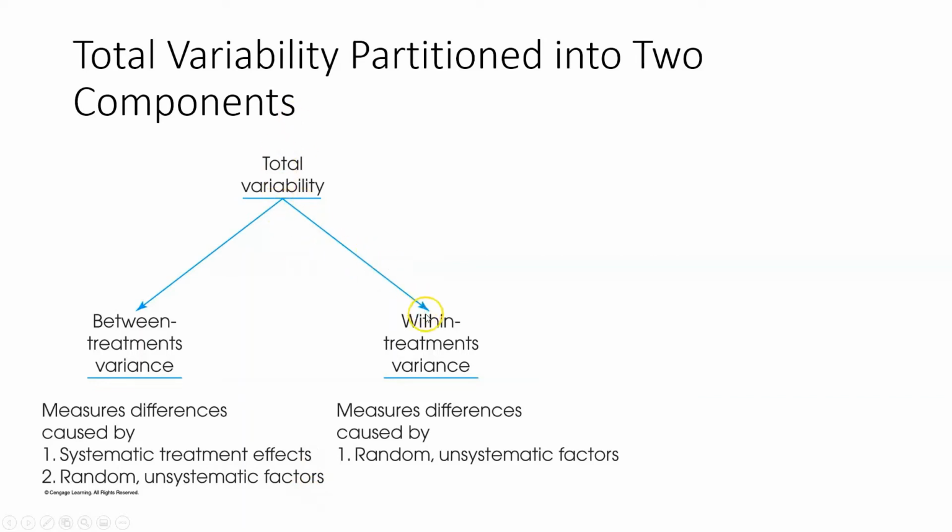When you look within each condition, within each group, you look at the source of variability inside that group and see that there are only differences because of random unsystematic factors.